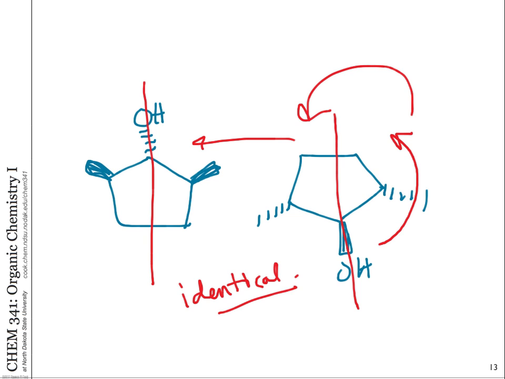So it is important to carefully look at the 3-dimensional structure and the relationships between things and look for symmetry and see what's going on. Another way to tell a meso compound, notice if I go this way around the ring, or this way around the ring, actually this is not a stereocenter necessarily.